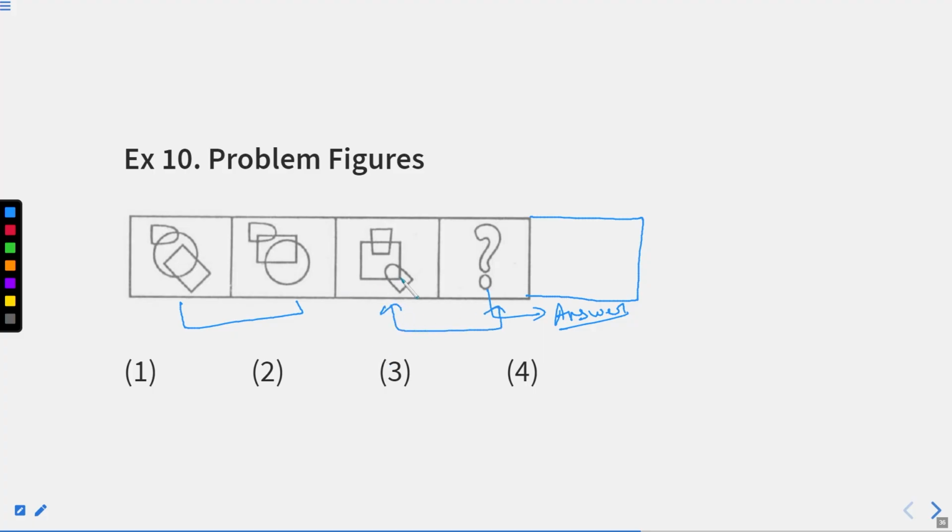in the similar manner in which figure number 1 and 2 are related to each other. So we can see in figure number 1, we have first figure, second figure, and third figure, right? We can see the first figure remains the same, and the center figure will change its position with the third figure by how?